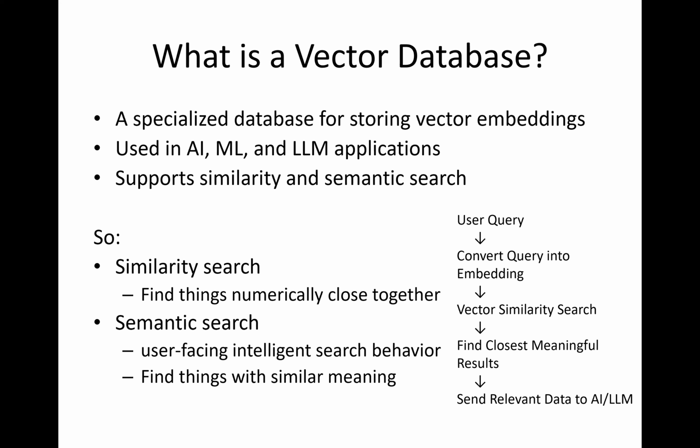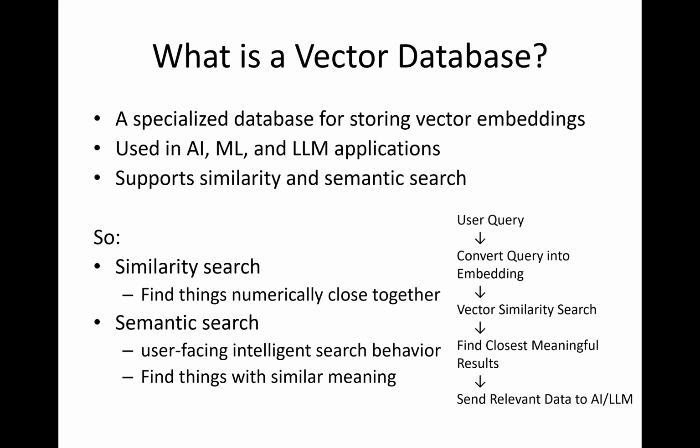The embeddings are nothing but, first the text is converted into numbers, and the numbers are converted into vectors. This complete process is called embeddings, and that embedding is stored in the vector database in the form of vectors, and then it sends the relevant data to the AI and LLM application.